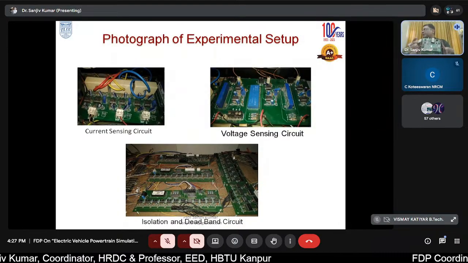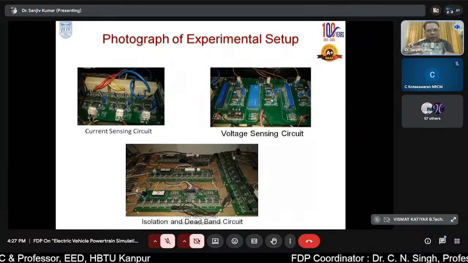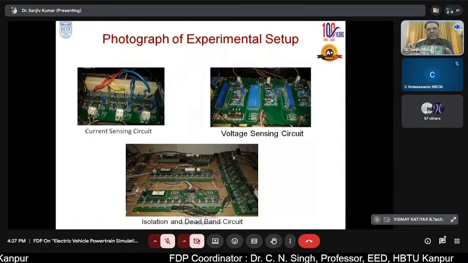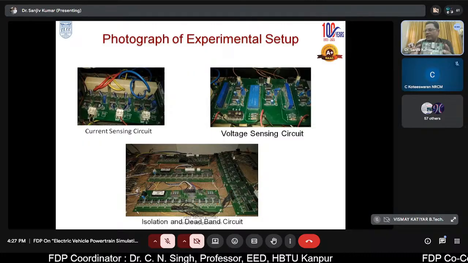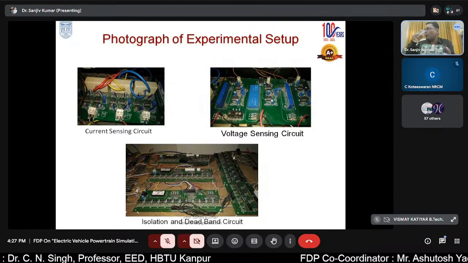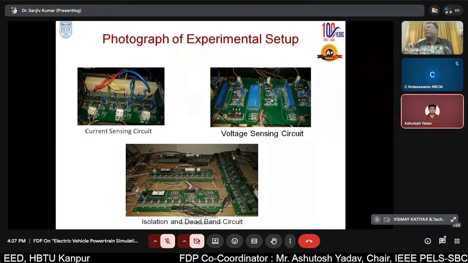The pulses which are generated through the... all these hardwares, are they visible to you? I am not able to check whether these are visible or not. Can anyone confirm? Yes, sir, it is visible. Okay, clearly visible.